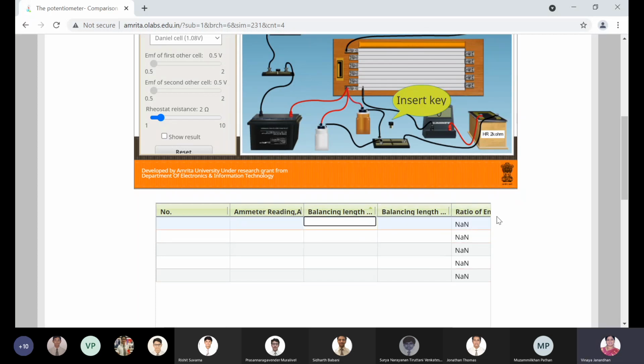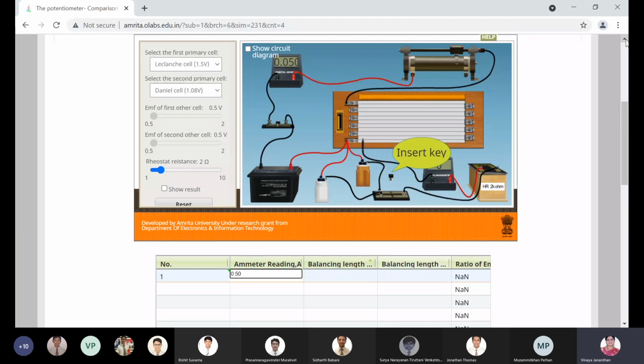Then the ratio E1 by E2, which is equal to L1 by L2. So the first one will be serial number 1. Now I've kept the ammeter reading at 0.50 ampere.